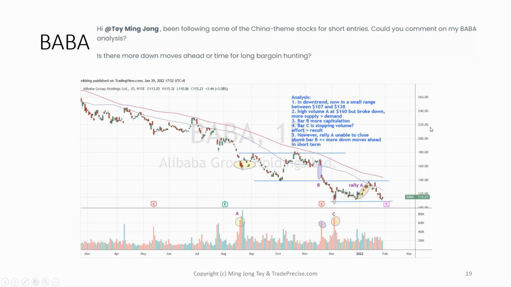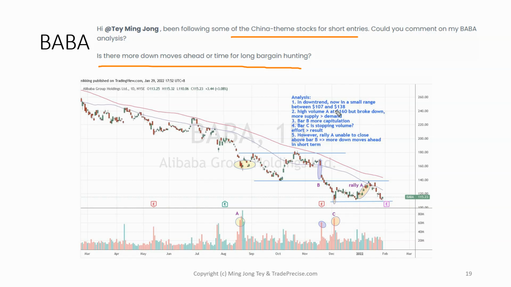All right, let's jump to the analysis. Okay, the first one is Baba. That's from Nikki, China team, short entries. Could you comment on my Baba analysis? Just more down move ahead for long bargain hunting. Downtrend in a small trading range.